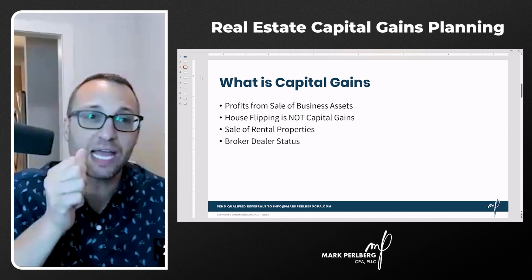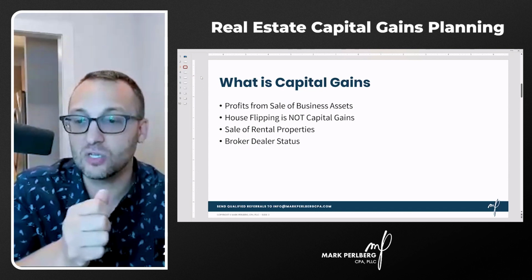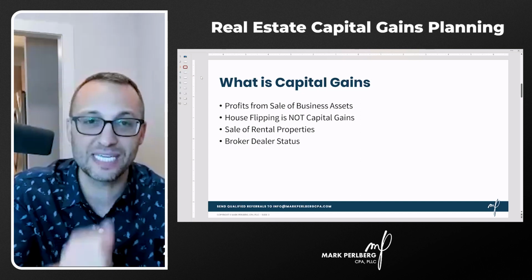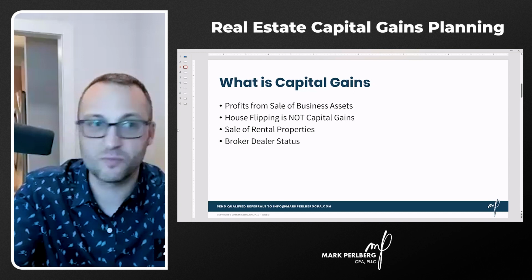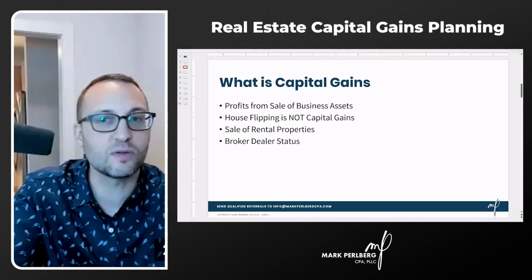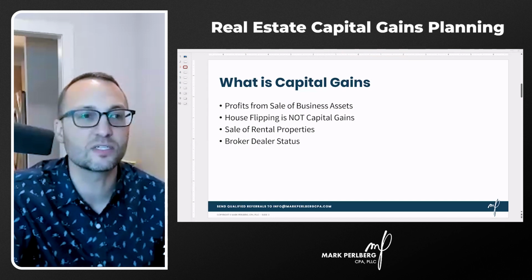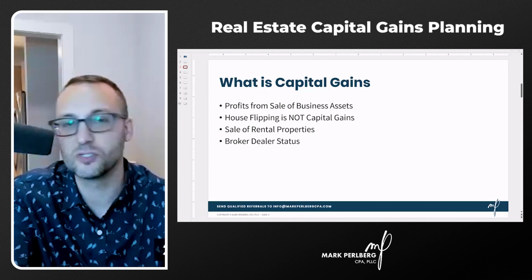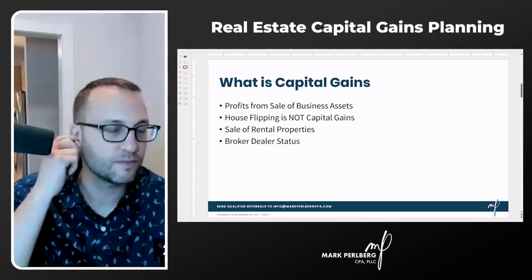Even if that house flip takes longer than a year, it still is not capital gains treatment. What determines whether or not it is a capital gain is if you have broker-dealer status on that property. Jumping a little ahead on the slides here.